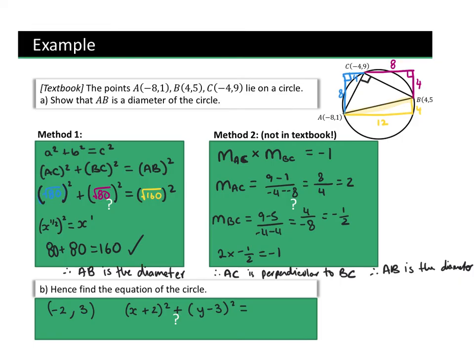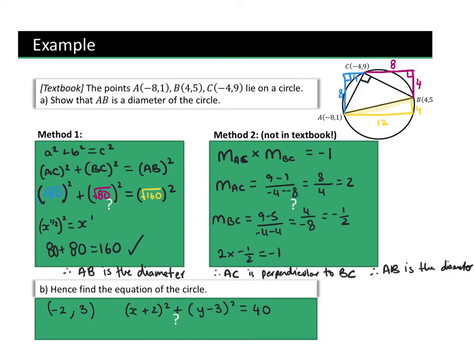Now we know the circle is radius squared, root 40 squared is 40. Or you would have got in your calculator 2 root 10. If you squared 2 root 10, of course you're going to get 40. So here's our answer, nice and simple.